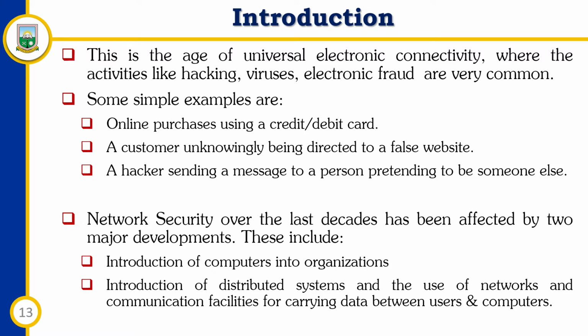So there are some examples of such applications that can easily be compromised. The first one is online purchases using a credit card or debit card. People use social engineering to get some information of people online and use their credit cards to do a few other things.